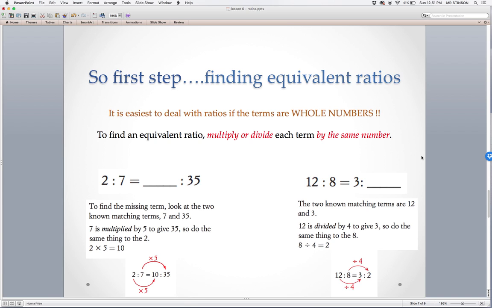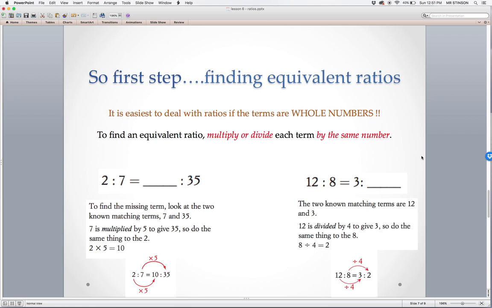So what's happened to 12 to get 3? We've divided 12 by 4. Therefore, if we are dividing 12 by 4 to get 3, we need to do the same thing to the second term, 8. 8 divided by 4 is equal to 2.